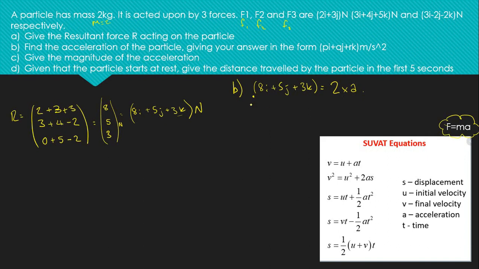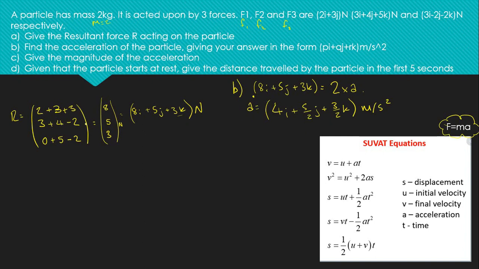And so therefore, a, in this case the acceleration of the particle, will equal, we're going to divide through by 2, so we'll have 4i plus 5 over 2j plus 3 over 2k meters per second squared.